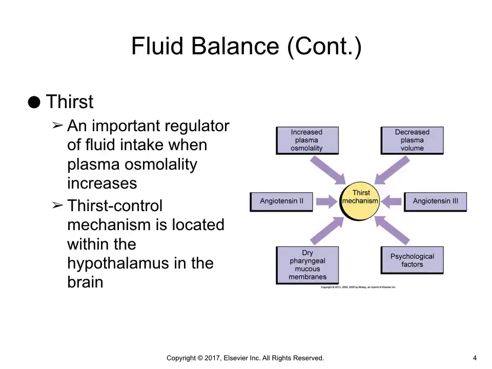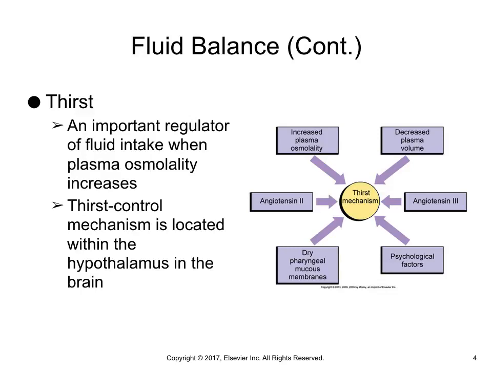Thirst, the conscious desire for water, is an important regulator of fluid intake when plasma osmolality increases, known as osmoreceptor-mediated thirst, or the blood volume decreases, such as with baroreceptor-mediated thirst and angiotensin II and III-mediated thirst.